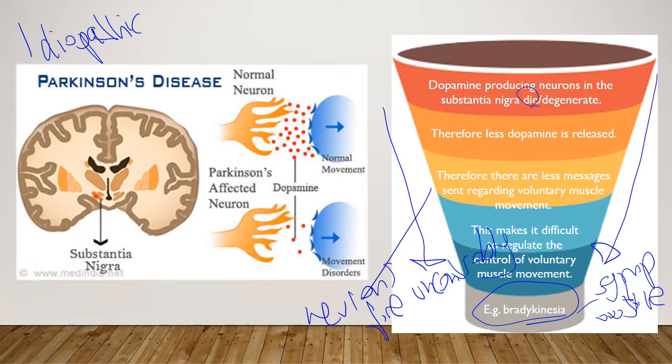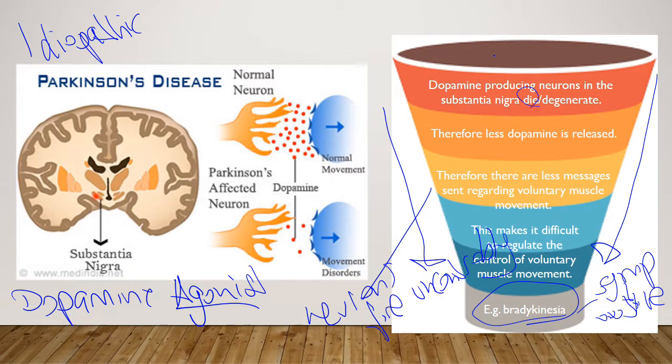The other thing I want you to recognize is that when we manage Parkinson's disease, we do so with drugs, okay? We wouldn't do it with surgery. That's a whole different kettle of fish. So what we're talking about here is using a dopamine agonist.